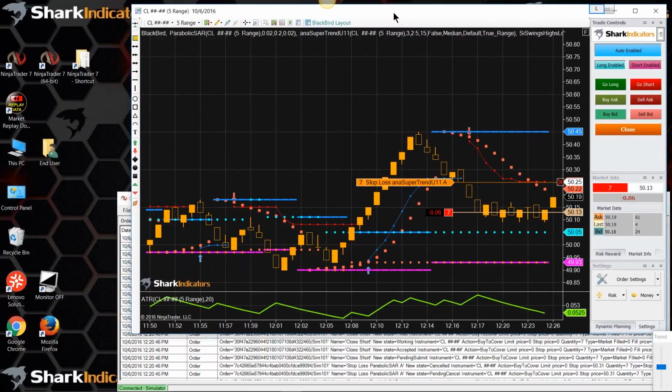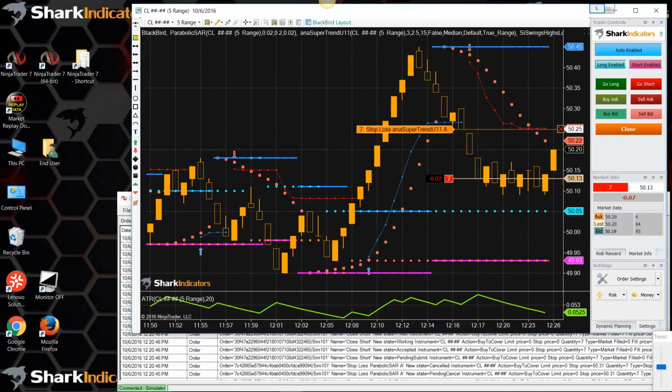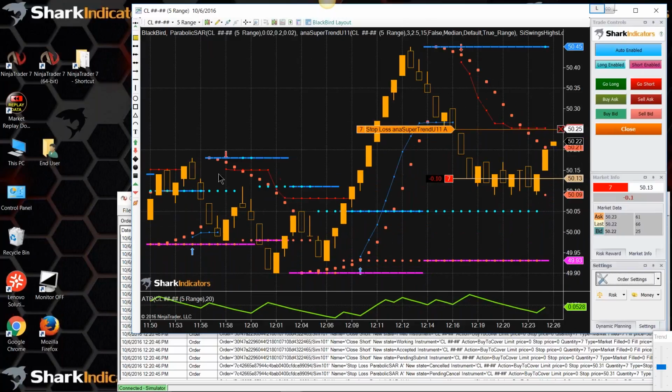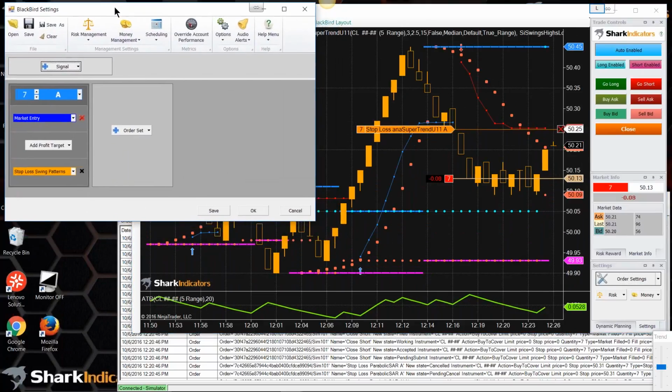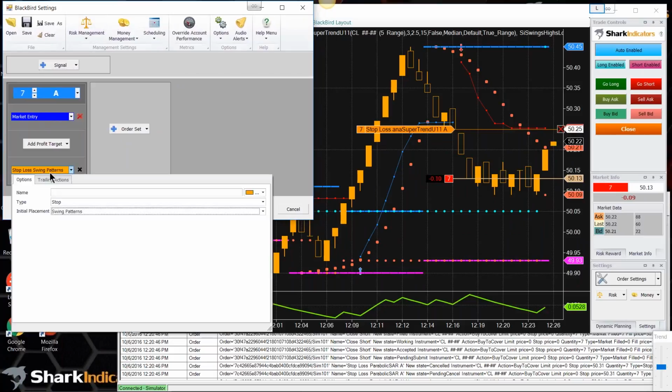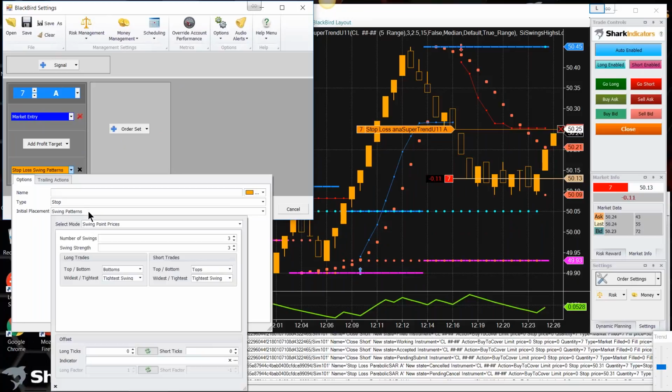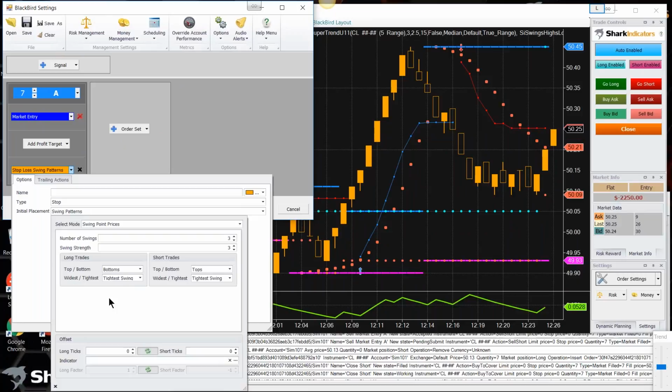I don't want to fully get into it for this workshop here. But basically, to get back to the point, we're using the swing patterns for our stop loss. We're using that quick list there. What that's going to do is use the tightest plots, which is the dots.